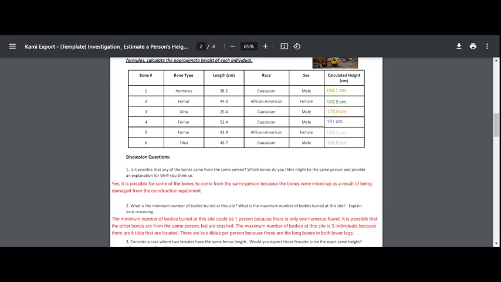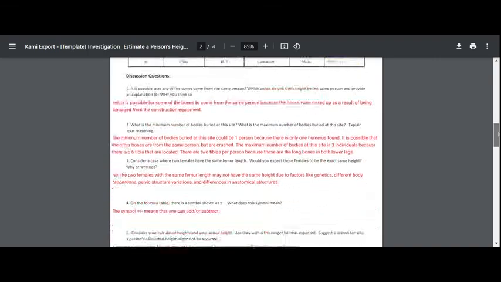Okay, we're looking at a femur. The length is 52.4 centimeters. The race is Caucasian, the sex is male, and the calculated height is 191 centimeters. Okay, so we're gonna calculate the height using the femur length for a Caucasoid male, that we obtained from the table.